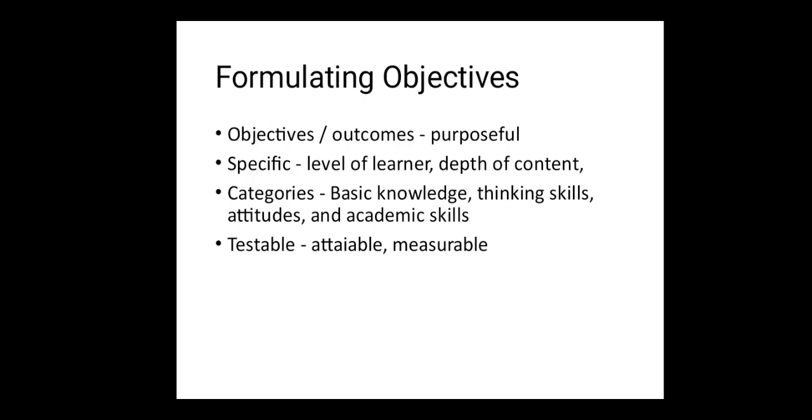And Taba especially proposed 4 categories of objectives. So the categories include basic knowledge, thinking skills, attitudes, and academic skills. So objectives shall be from these 4 areas. And another aspect with respect to objectives is that it should be testable.